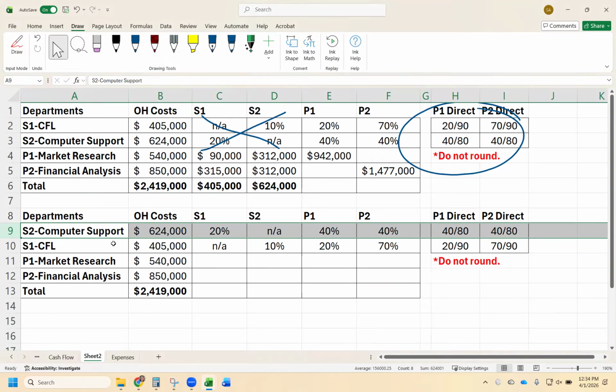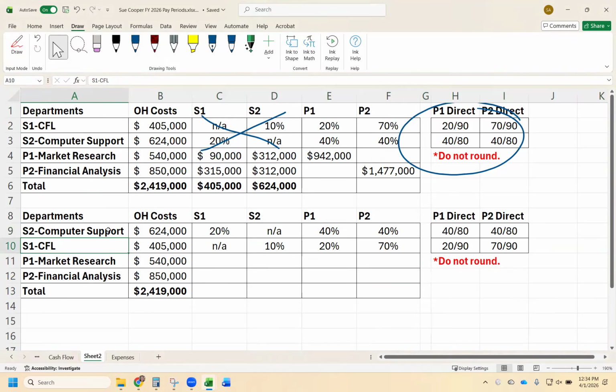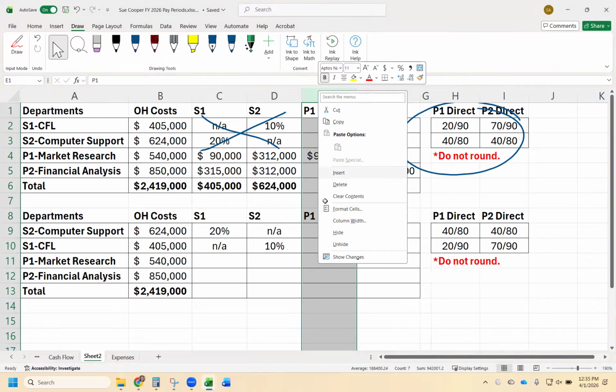So I'm going to switch those, and I just copied and pasted them to switch Service Center 2 to the top. All right. So then what I'm going to do is I'm going to allocate 20. Oh, I got to switch these as well because I switched the order.